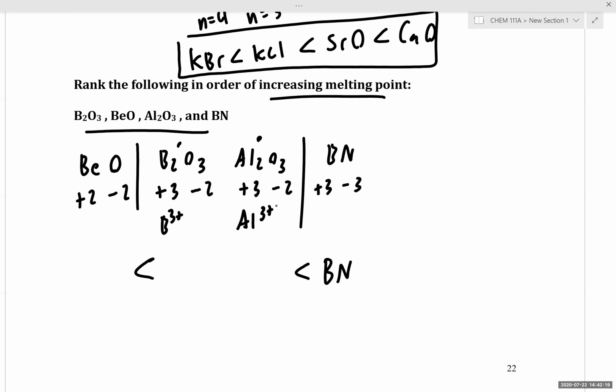Boron oxide, exactly right. As a result, smaller ions, stronger attractive interaction, larger lattice enthalpy, larger melting point. Finally, beryllium oxide has the lowest ion charges, so it has the lowest melting point. Does this make sense to everyone so far?